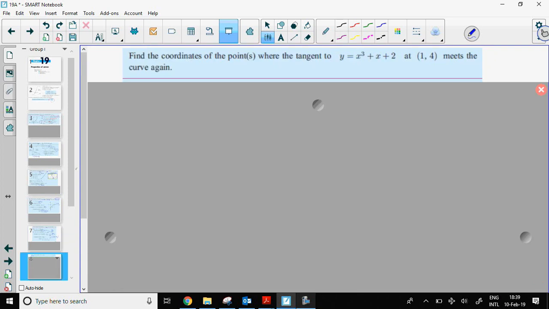All right, so this is different. Find the coordinates where the tangent meets the curve again. Remember that a tangent line doesn't need to touch the graph only once. It means that it touches the graph perfectly at that one particular point, but it might intersect it elsewhere.